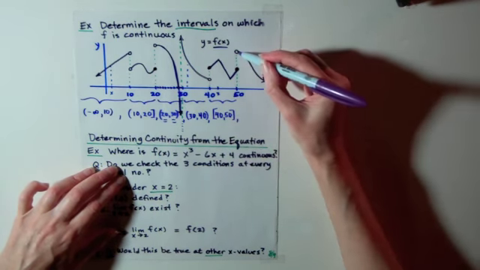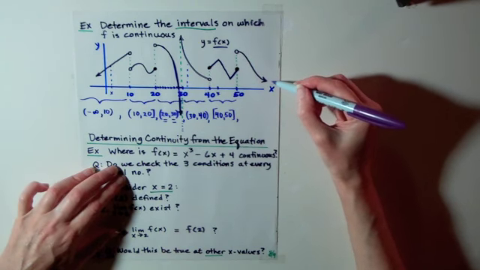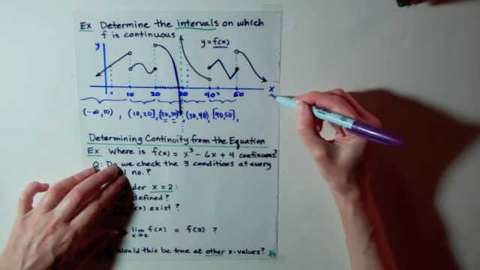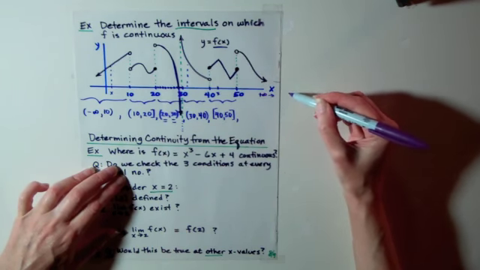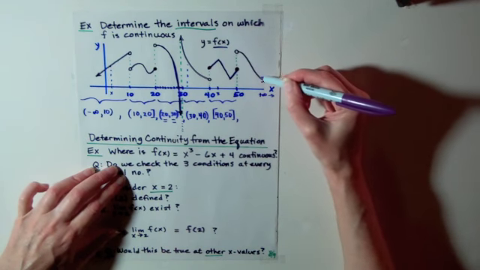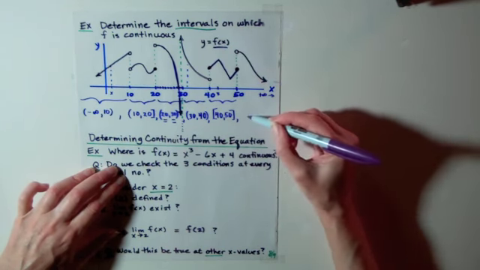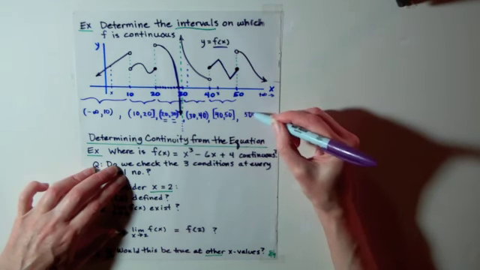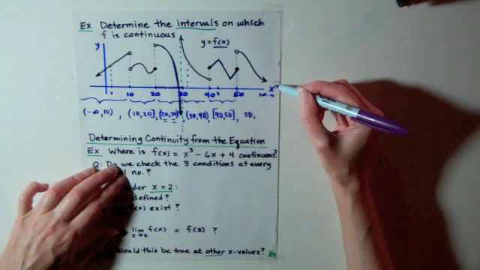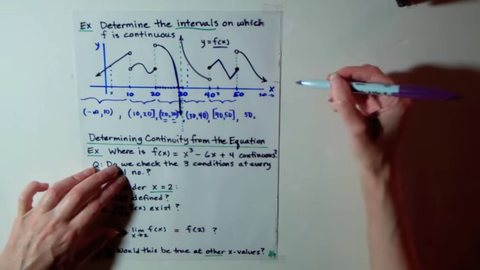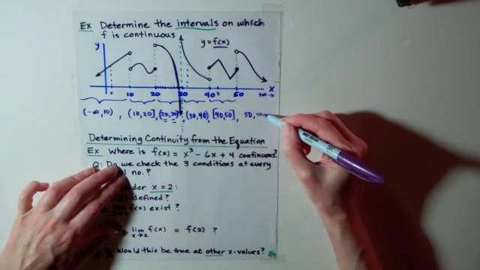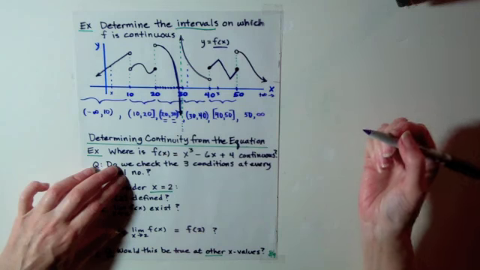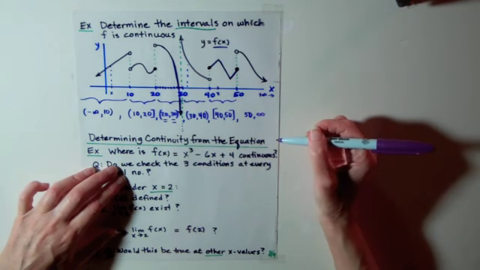Okay, let's look at this last one. Remember, this continues off forever in this direction, towards x going to positive infinity. So the next interval that I'm looking at it being continuous on goes from 50 onwards forever. We're assuming there's no other weird holes or jumps in our graph, so it's going to go to positive infinity, which you can either write as infinity or plus infinity.